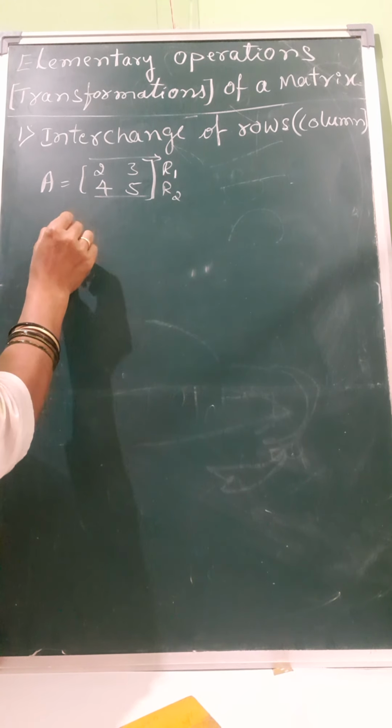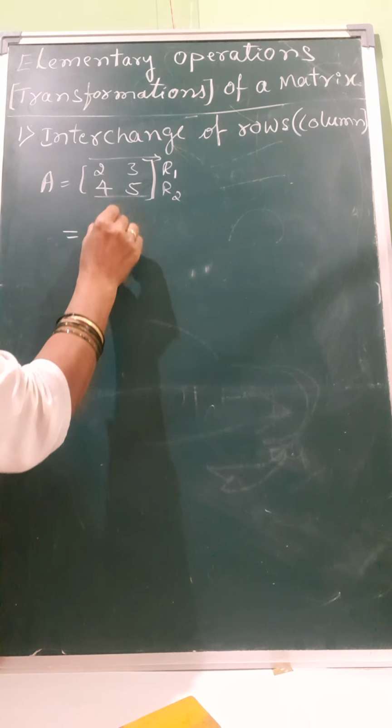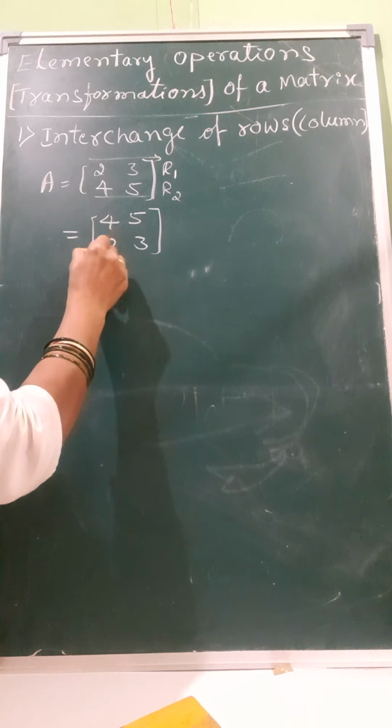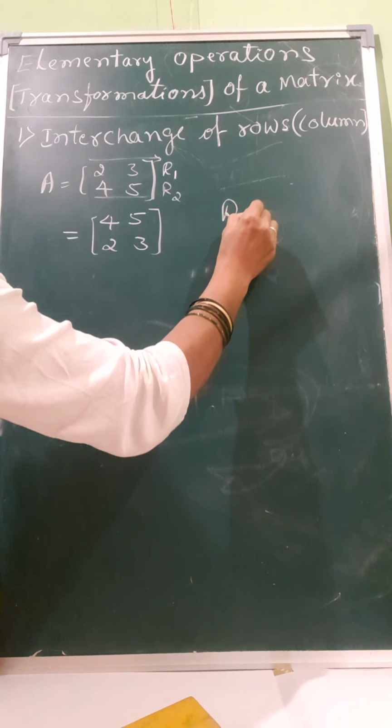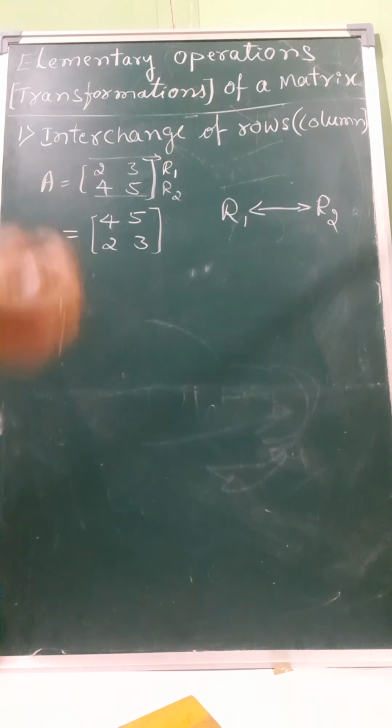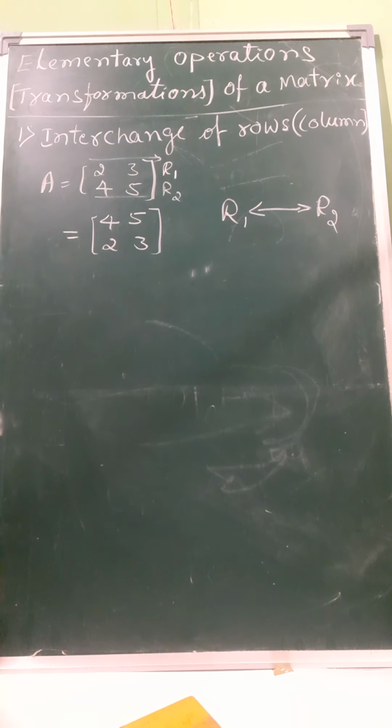If you interchange them, it becomes 4, 5, 2, 3. So we can write R1 changes to R2. We interchange, and this is one of the operations.